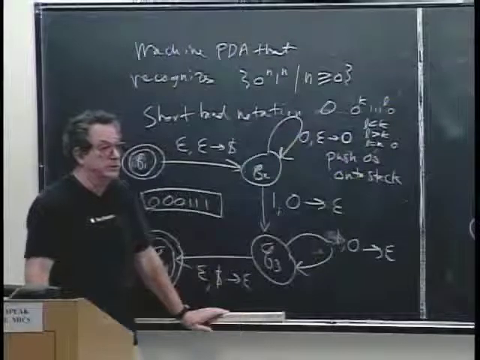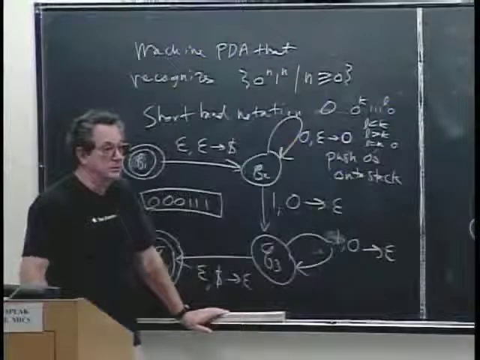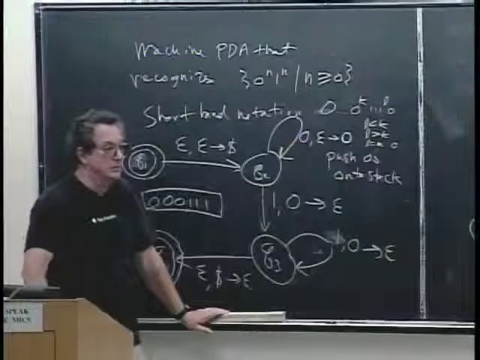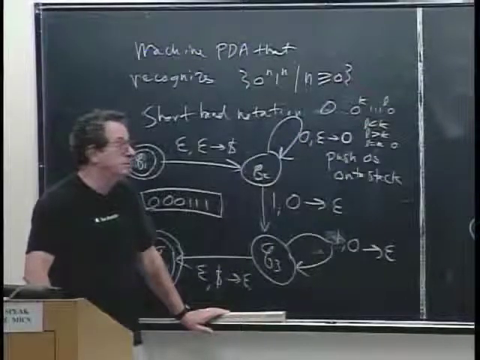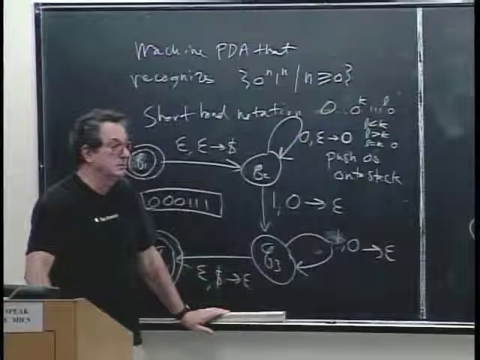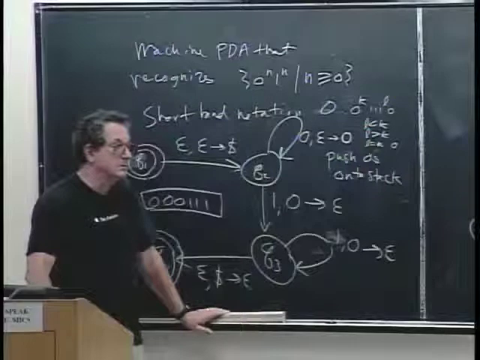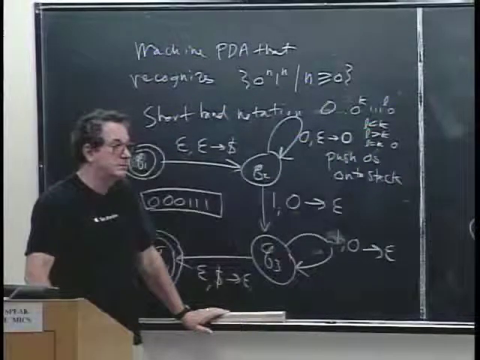I mean, if you're going to the same state and you're going to do the same thing with the stack, with all possible inputs, and you're using binary, would you have to create two edges, or is there a notation where you just say 0, comma 1, and then the stack stuff?